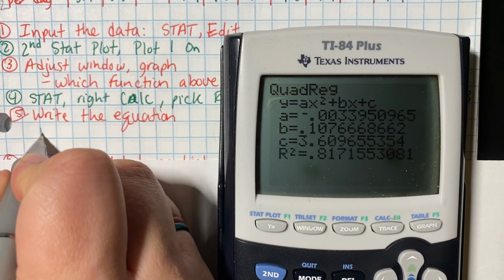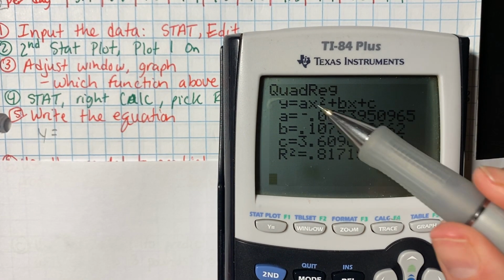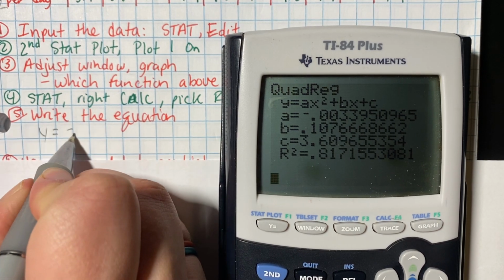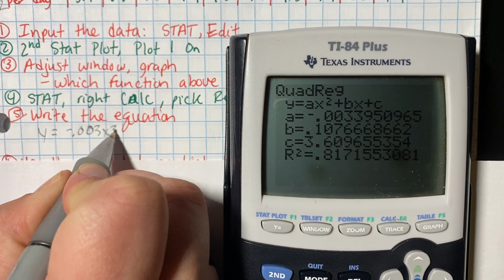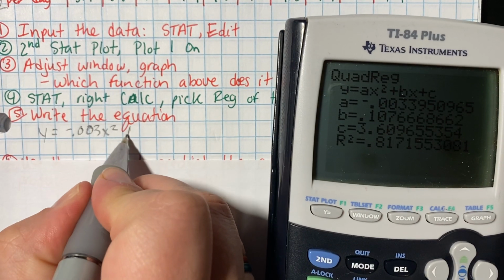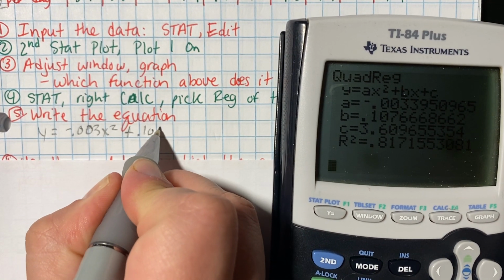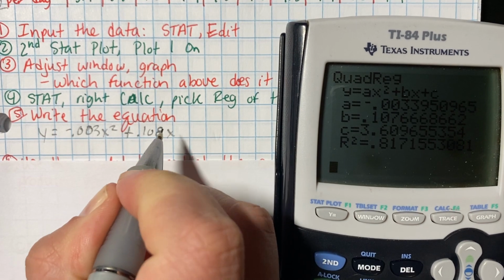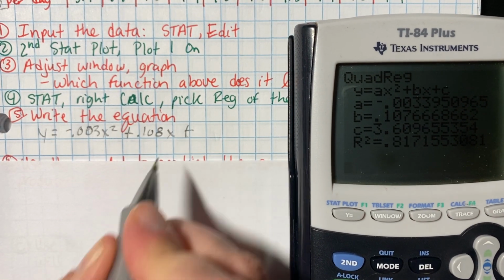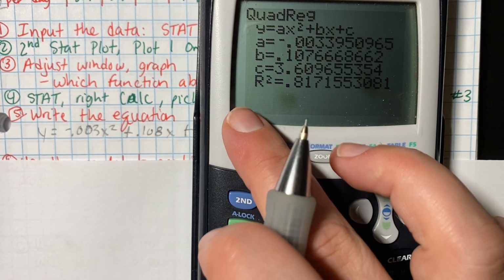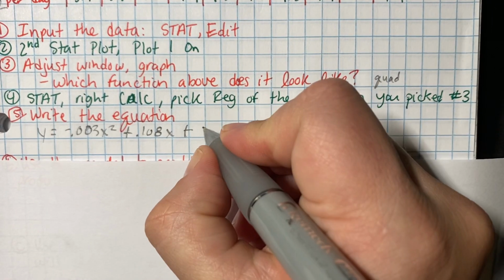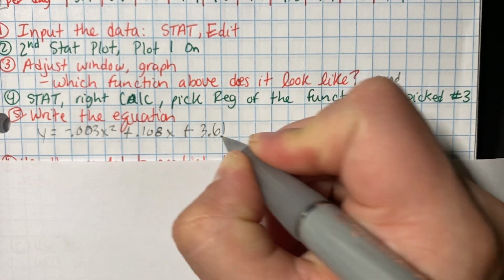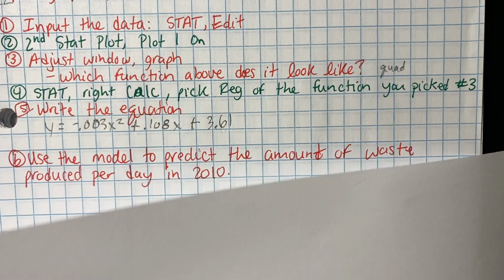So I have y equals, a goes to the x squared, so -0.003x squared plus 0.108x plus, the last one needs to be rounded, so 3.61. Okay. All right, there's my equation.